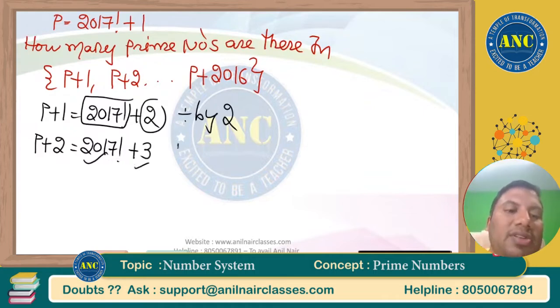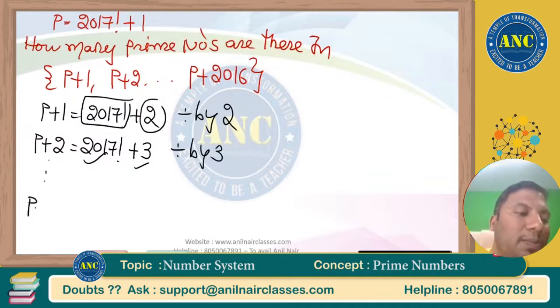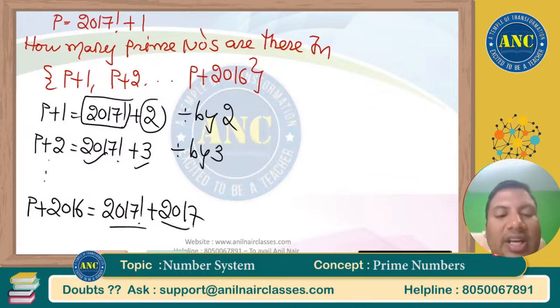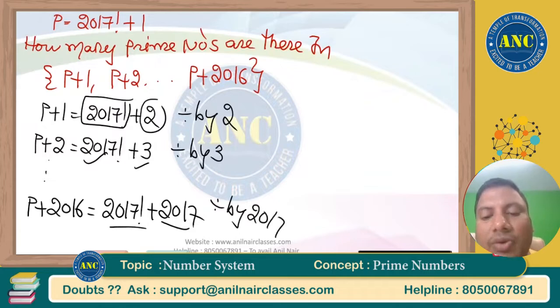Divisible by 3. Answer is divisible by 3. And so on up to P plus 2016, it is 2017 factorial plus 2017, divisible by 2017. Answer is divisible by 2017. I hope it is clear.